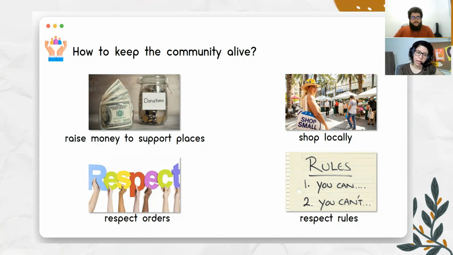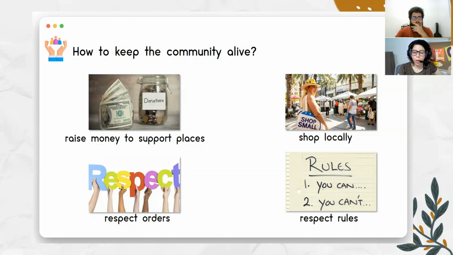At this point of the lesson, the students were reading the book Look Where We Live. This is a pre-reading actually for the picture book. And the students understood the meaning of raise money, shop locally, respect orders, respect the rules, and they gave some examples of these actions, considering their backgrounds and their perspectives.